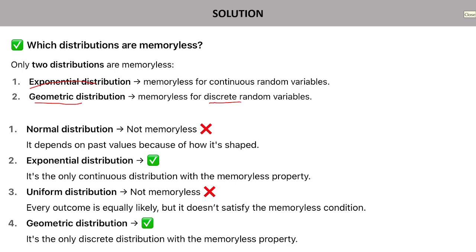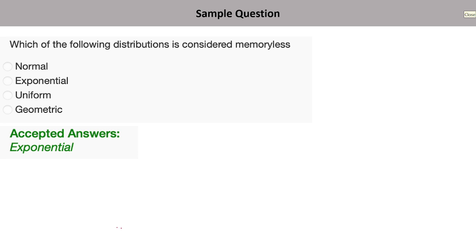So the geometric distribution is memoryless for these kinds of variables, and in the case of average age, the exponential distribution is memoryless. According to our question, both the exponential and geometric distributions can be right answers. But if it is asking about a continuous distribution, then the answer will be exponential.